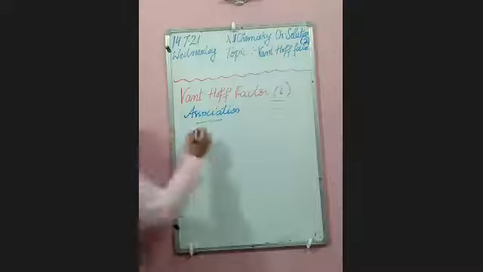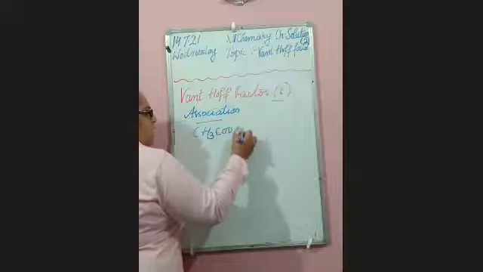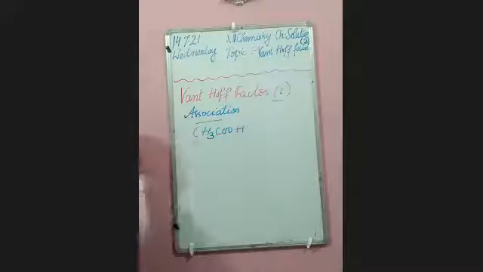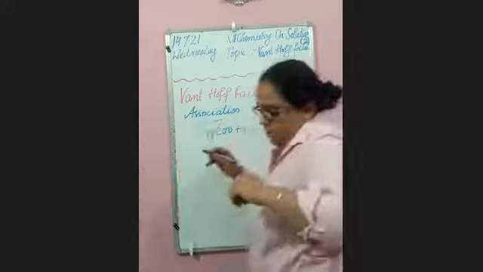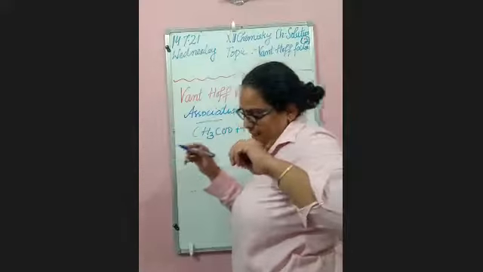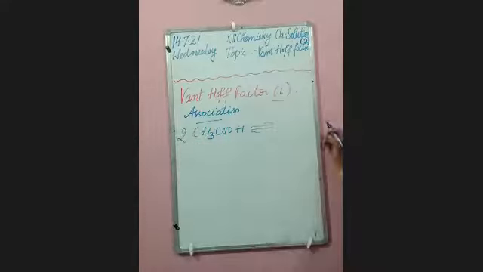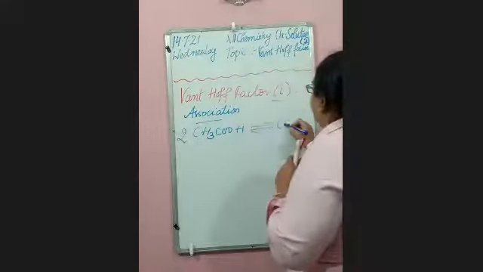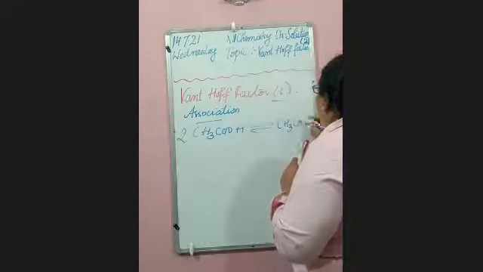In this case, suppose I am taking acetic acid. It undergoes dimerization. Suppose I am taking 2 molecules of CH3COOH and it dimerizes in benzene to form 1 molecule.